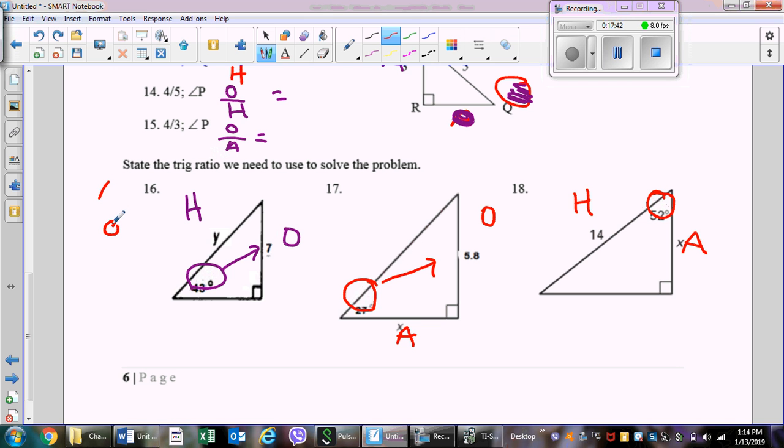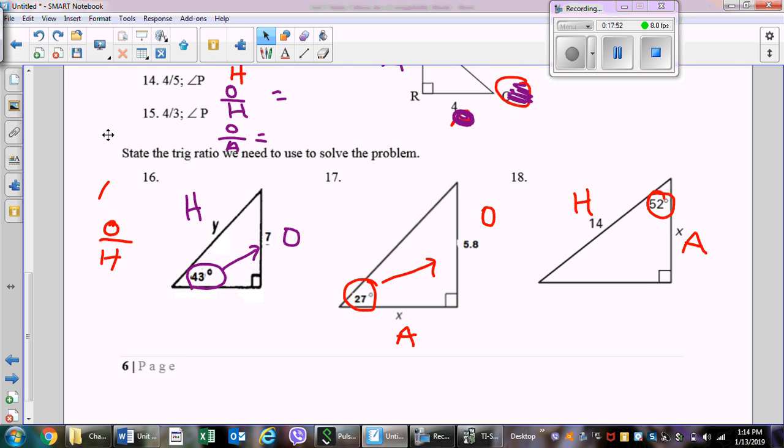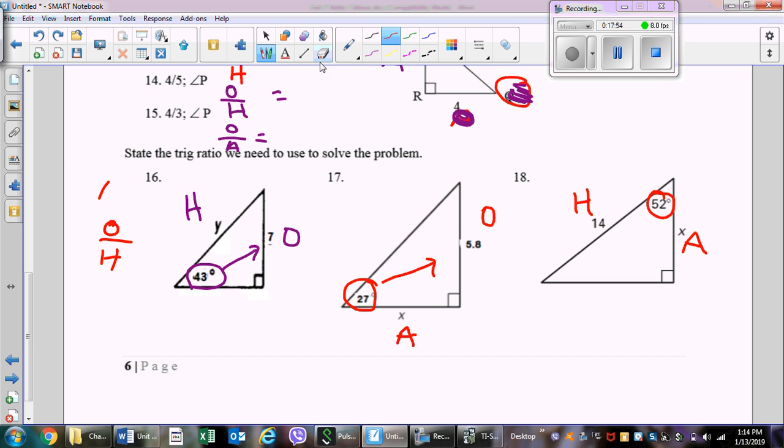Now what I labeled here is, let me move it a little bit higher. This trig has OA. This one has AH. I'm looking for one of them.